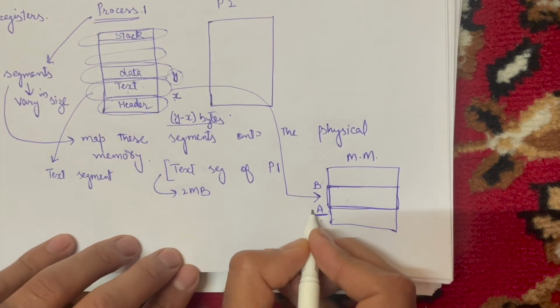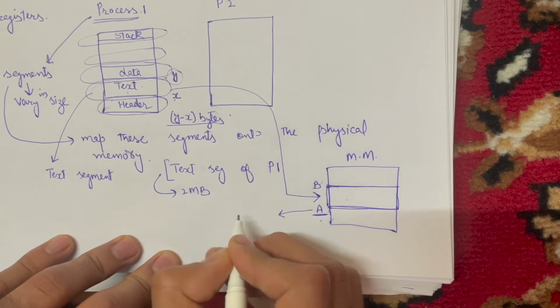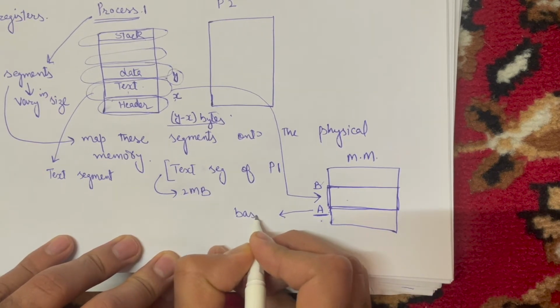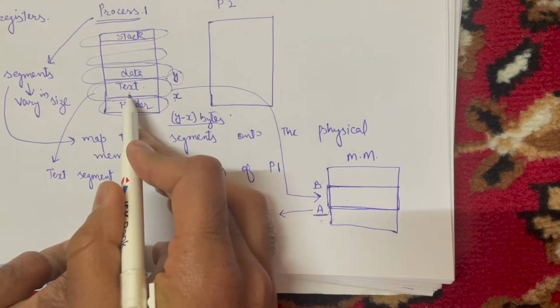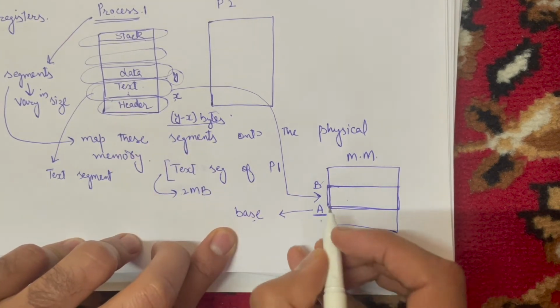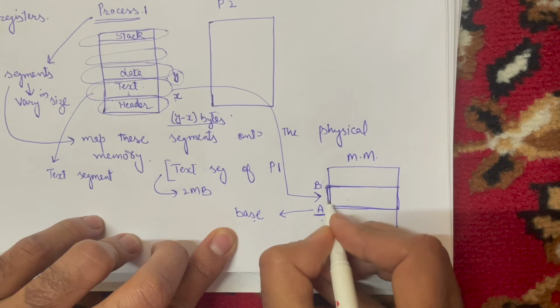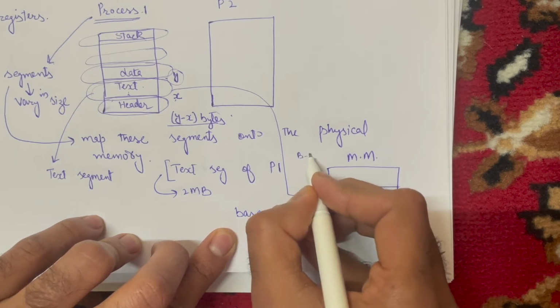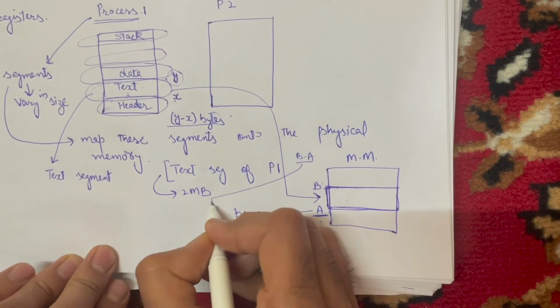The starting address is A, which is also called the base address of this segment. And the total size, that is B minus A, is called the limit.